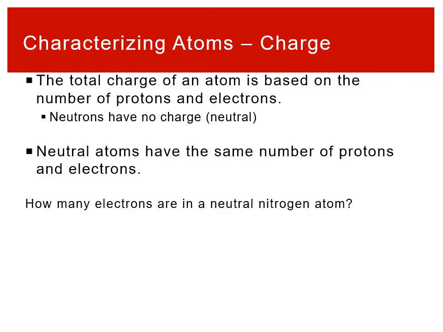Okay, so the next property we want to talk about is then the charge of the atom. The total charge of the atom is based on the number of charged particles in that atom. So neutrons have no charge. Okay, they're neutral, so it doesn't matter how many neutrons are in an atom as far as determining the overall charge of that atom.